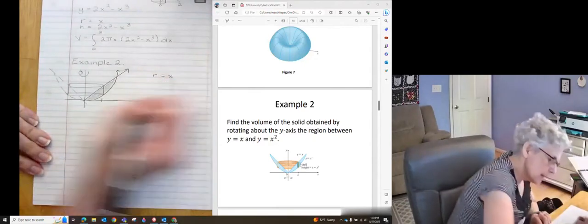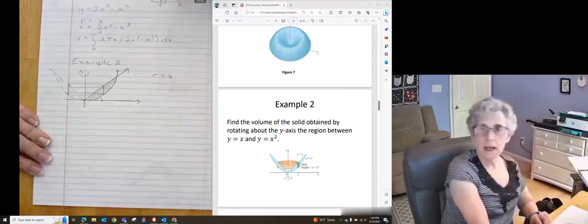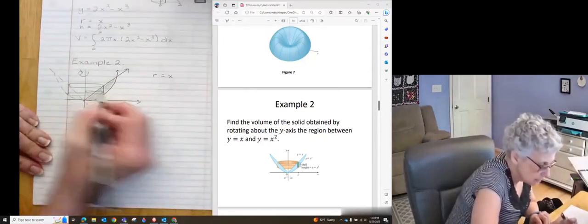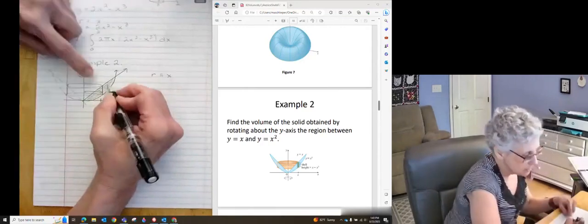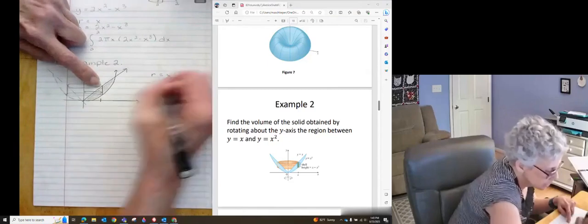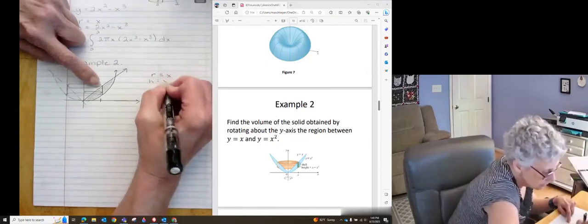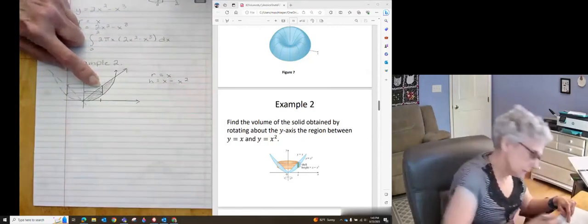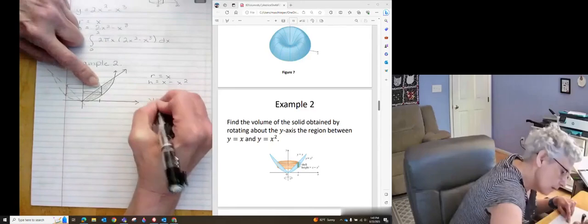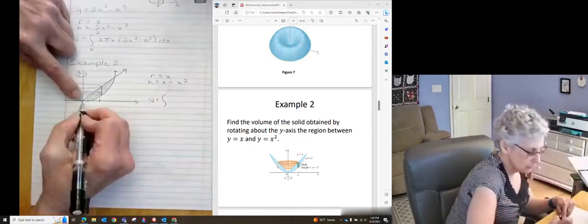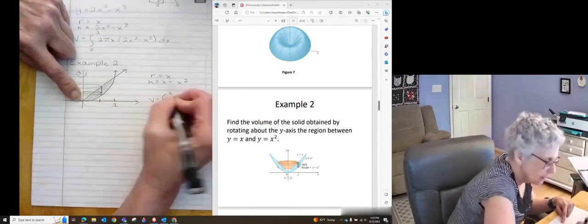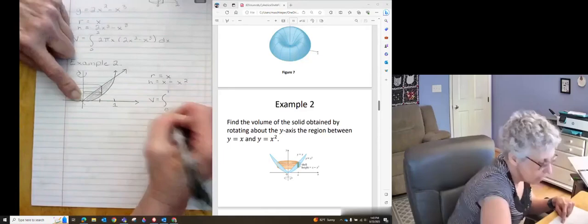My radius is equal to x, the distance to the axis of rotation of one of my cylinders here. And then the height is going to be the top function minus the bottom function. So my volume, I'm going from 0 to 1 because that's where they crossed.